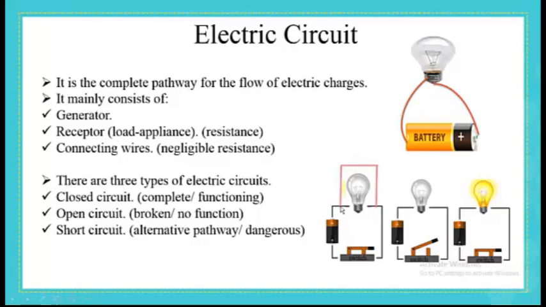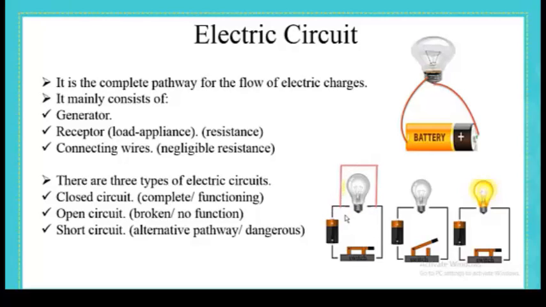So if we were just like electrons standing upright here and we have two choices, I think that most of us are going to pass through this pathway instead of this. Because of that, the lamp didn't glow, and at the same time there is a high risk for this wire to melt or cause fire, and because of that we consider the short circuit as a very dangerous circuit.